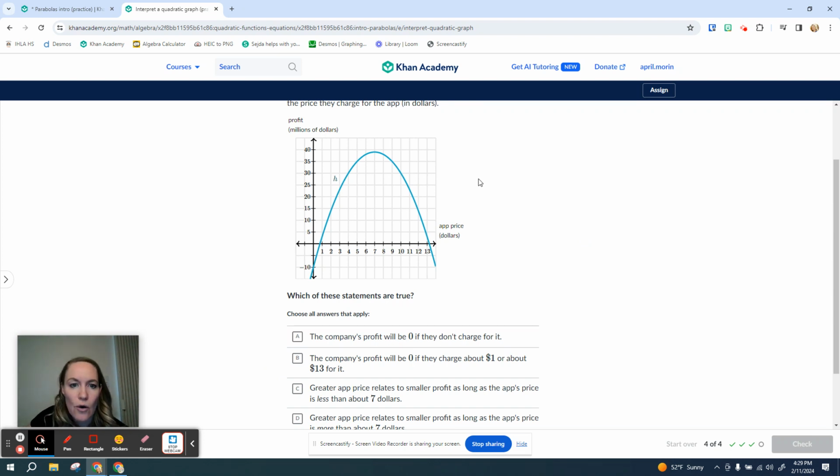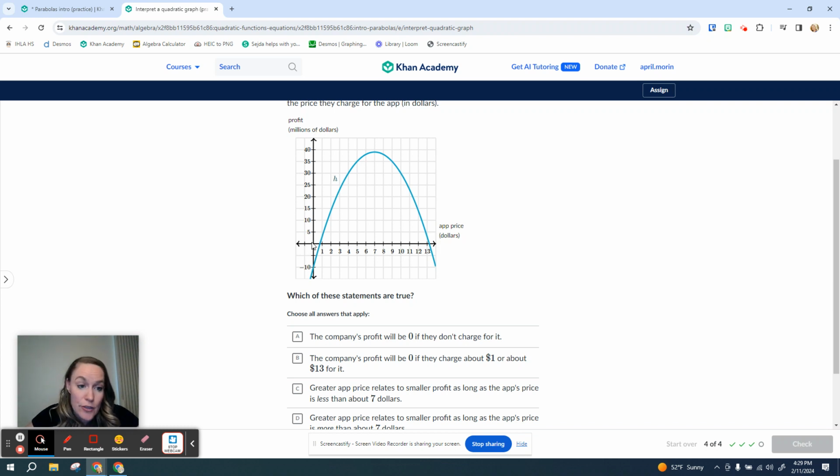Okay, so let's see, app price. Here is the app price. And if the company does not charge for the app, that's 0 right here.